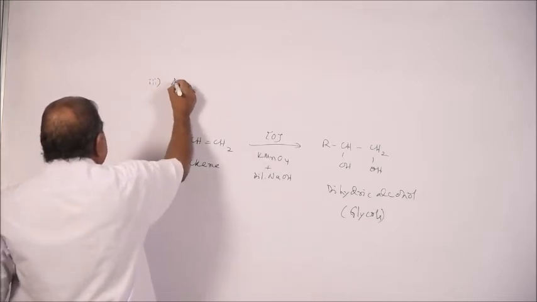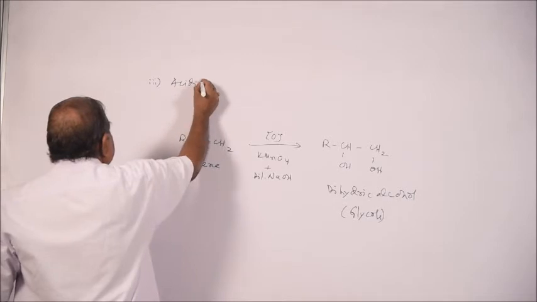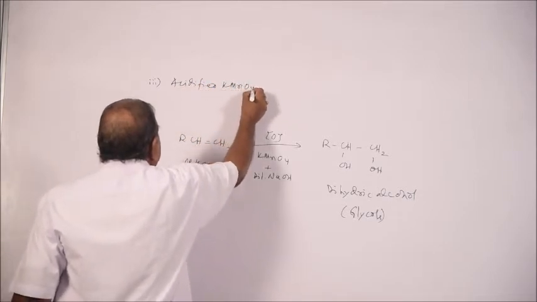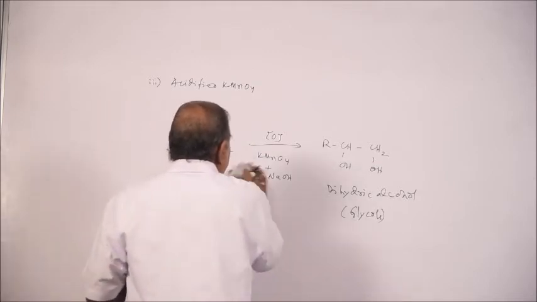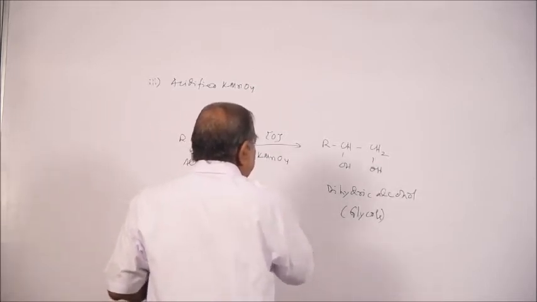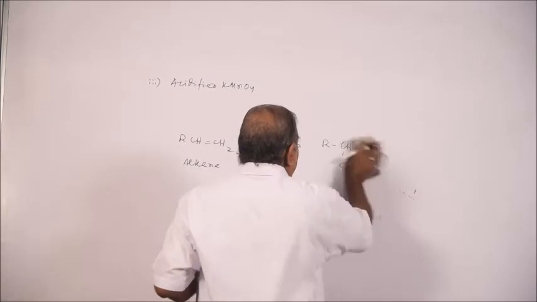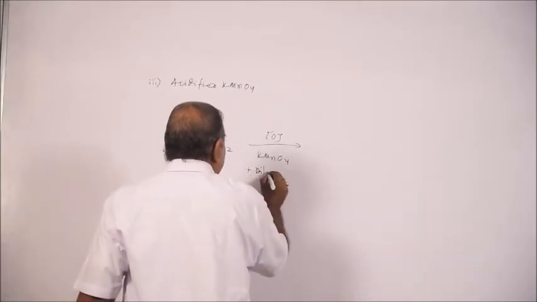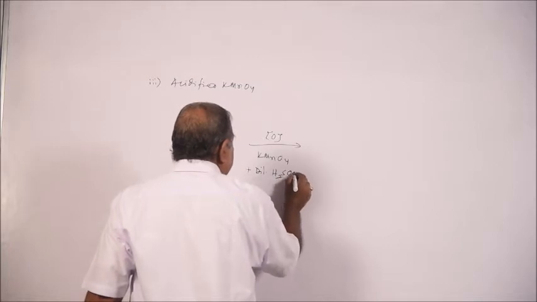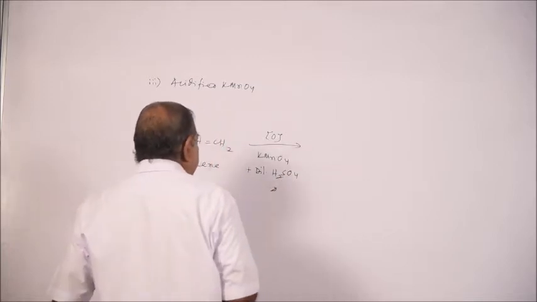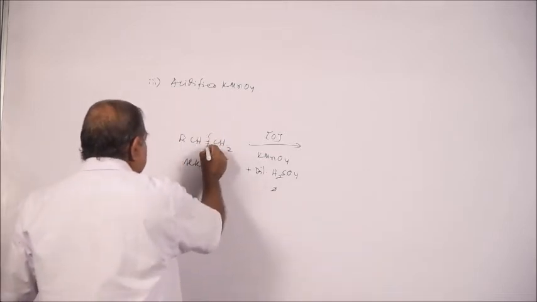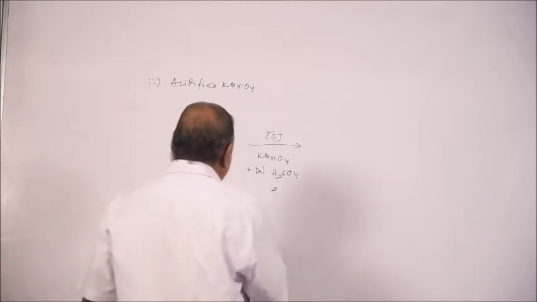Third oxidation is by acidified potassium permanganate. This is important. When it is treated with potassium permanganate in presence of, say, dilute sulfuric acid, here you are getting 2 monocarboxylic acids by splitting the carbon-carbon double bond.